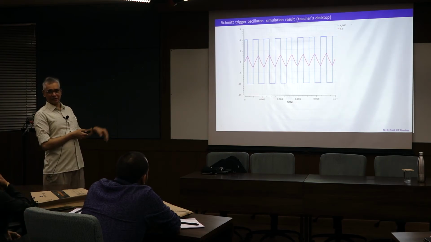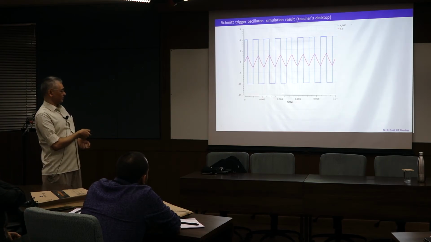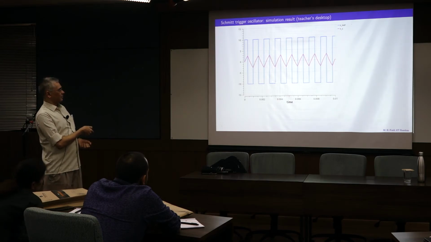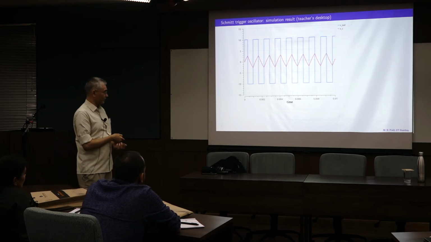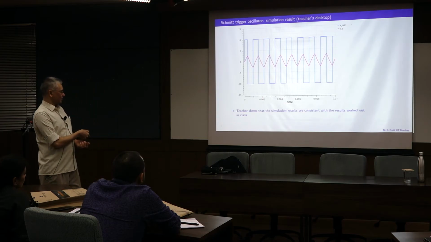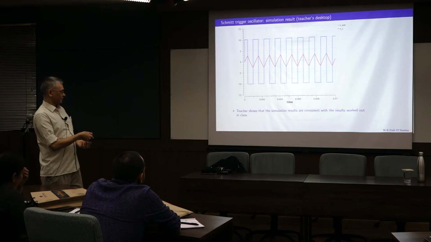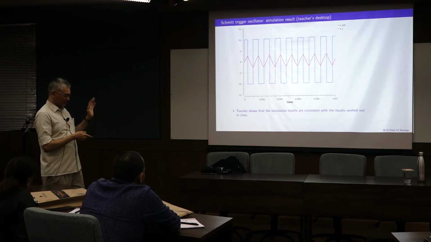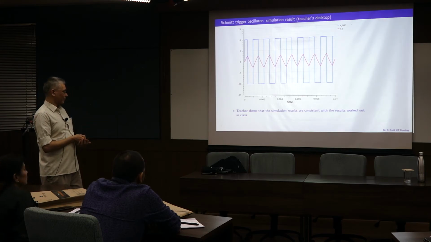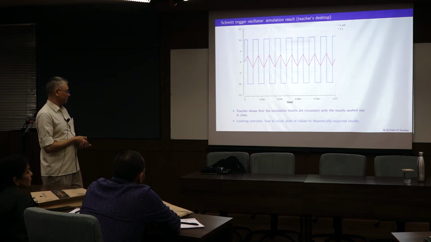Suppose the frequency is 1 kilohertz. From this, you can show the students that the frequency is indeed whatever you calculated. The teacher shows the simulation results, shows that the results are consistent with the results worked out in class. This gives the students some confidence that whatever we are learning makes sense.